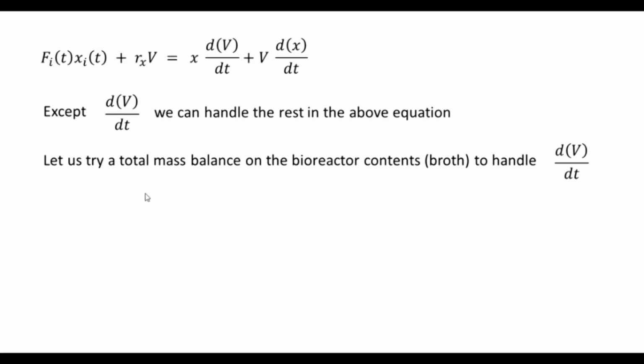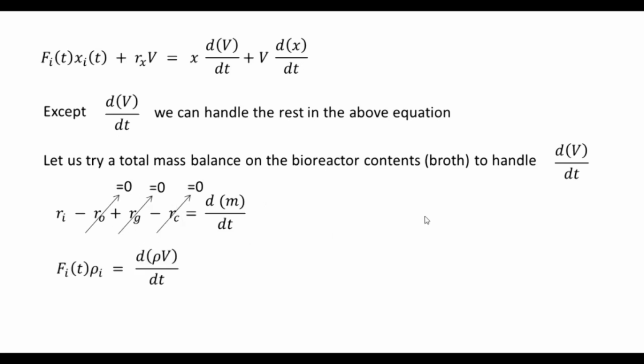To do that, let us try a total mass balance on the bioreactor broth. If we do that, the total mass balance, there is no output, there is no generation of mass, there is no consumption. All these terms go to 0, and therefore Fi(t) into rho_i, this is total mass, equals d(rho V)/dt, this is total mass again, right? This is density into volume.